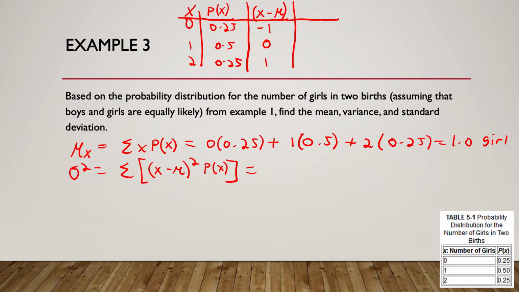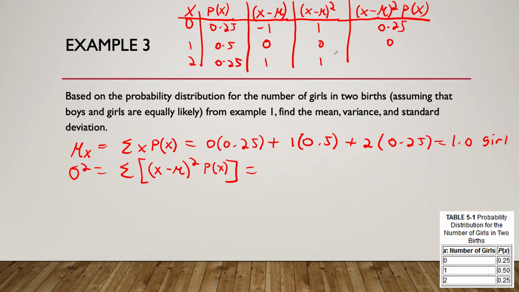Next we want to square each one of these. So x minus mu squared. This will make 1, 0, 1. And now for the individual calculation for each of these, we take x minus mu squared times the associated probability. So 0.25 times 1 is 0.25. 0.5 times 0 is still 0.